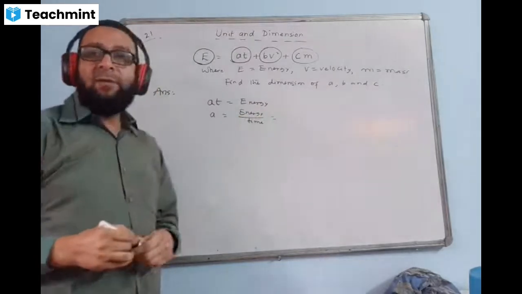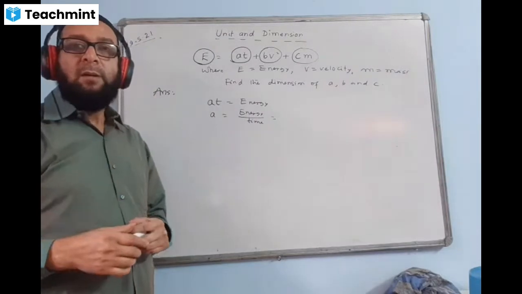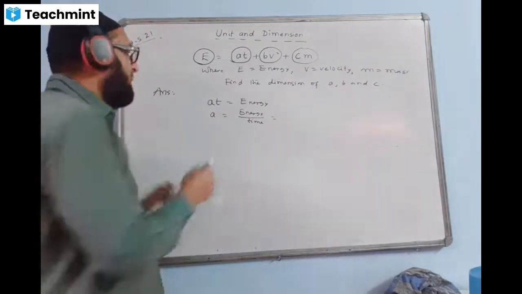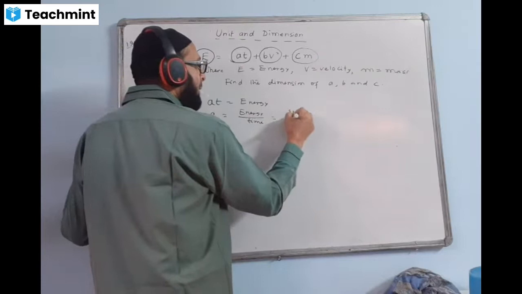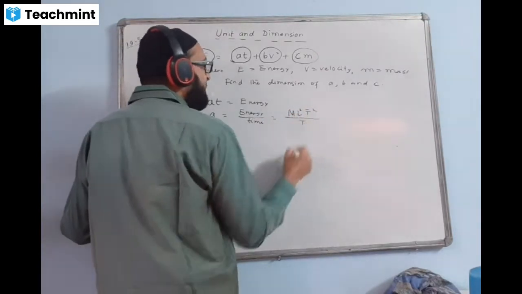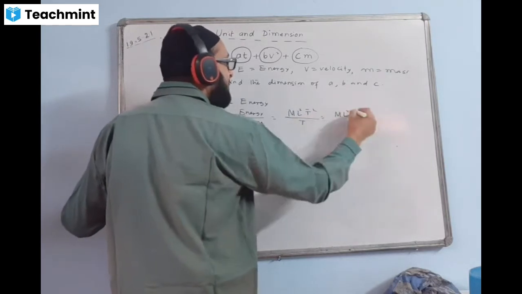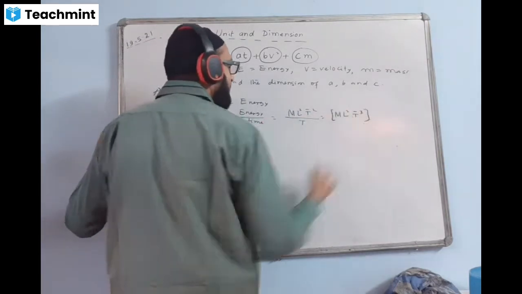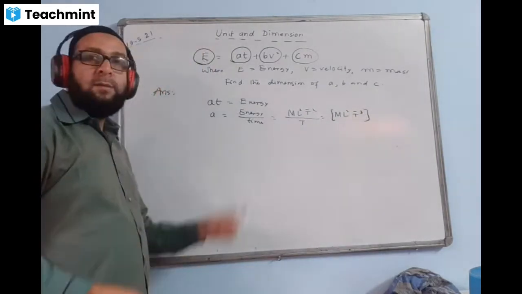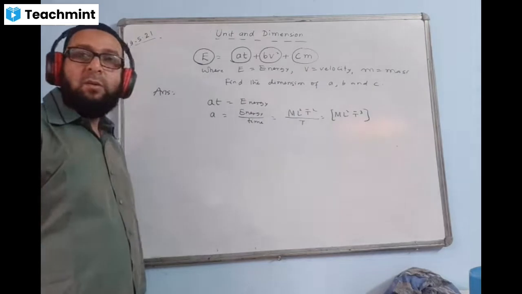What is the dimension of energy? The dimension of energy is the same as the dimension of work. With energy, we do the work. So energy dimension will be ML²T^-2. Dimension of time is T. So now we arrange and write ML²T^-2 times T^-1, which becomes ML²T^-3. This is the answer. Understood?